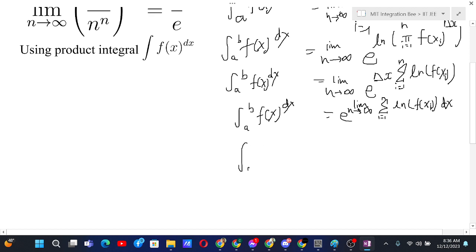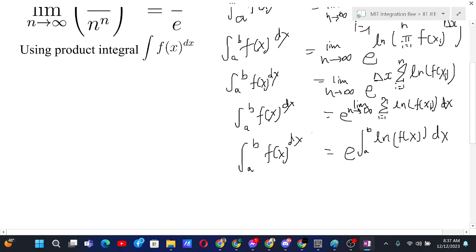Now I see that this product integral will be equal to e to the power of a Riemann integral, the Riemann integral from a to b of ln of f of x dx.